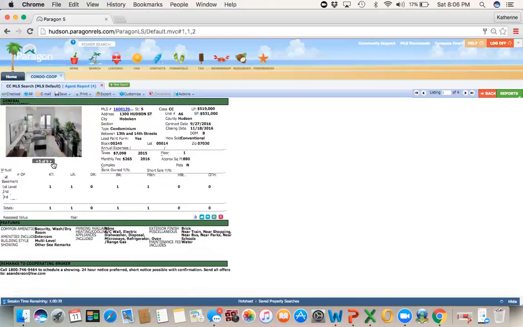This one's, again, not as nice, and it's smaller than our property, but it is our comp. So now I have to convince them that it's worth it to pay basically $70,000 more for their property.